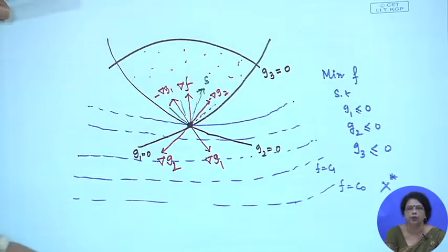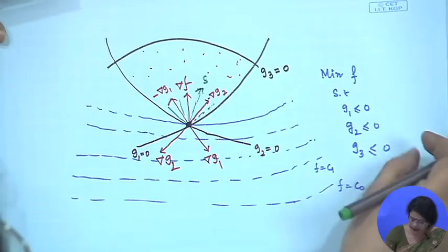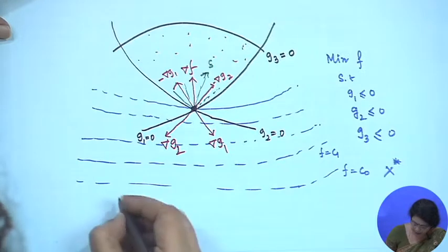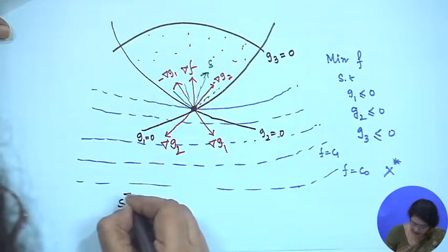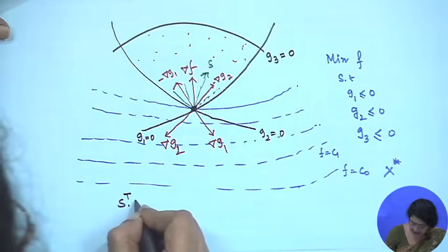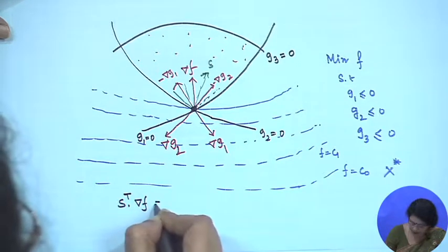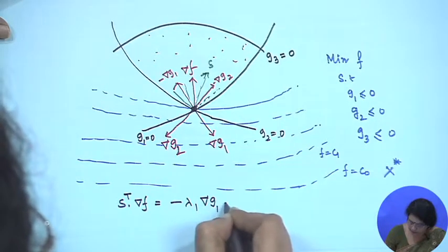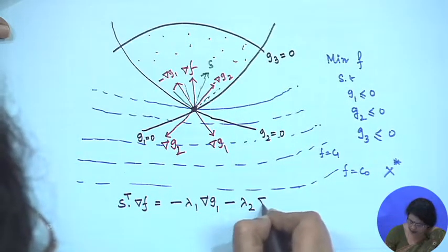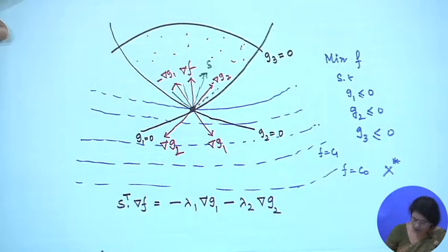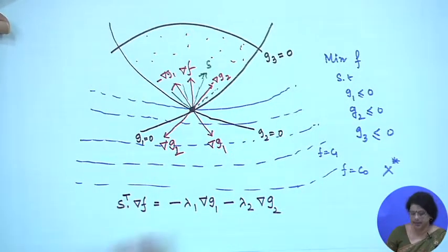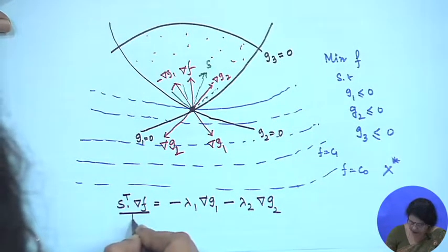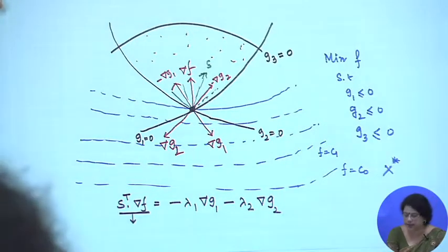Now, in the last class, I showed you that if we consider the feasible direction S, then grad f is equal to minus lambda 1 grad G1 minus lambda 2 grad G2. Now, what else we said, that this must be positive. Why is this positive?